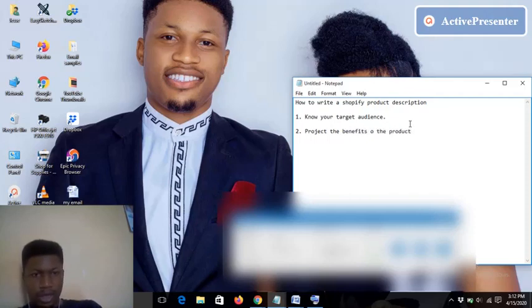The reason why you need to project the benefits of the product is that you need to be able to make your product sellable. If you are unable to unveil the complete benefits of the product, the target audience will not see any reason to buy it. Now let's take for example cigarettes. You have to outline what makes your own cigarettes better.